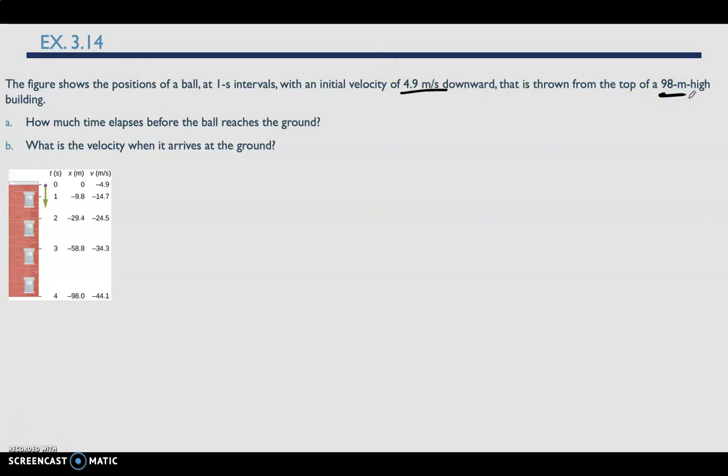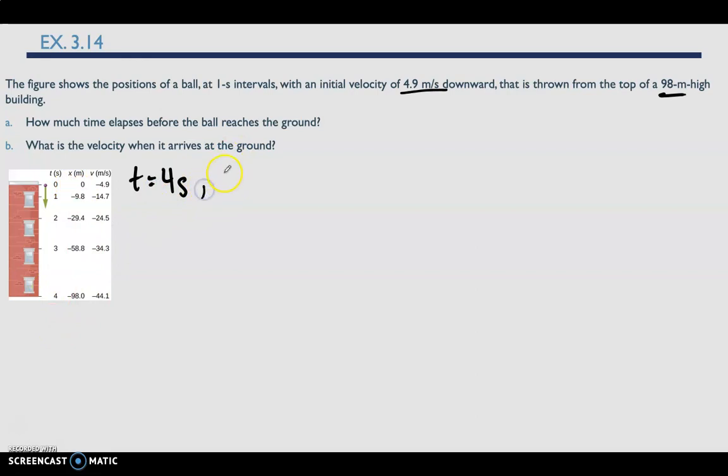How much time elapses before the ball reaches the ground? What is the velocity when it arrives at the ground? We're going to use those equations that we saw a couple slides back in order to figure this out. We have our time when it reaches the ground is 4 seconds.